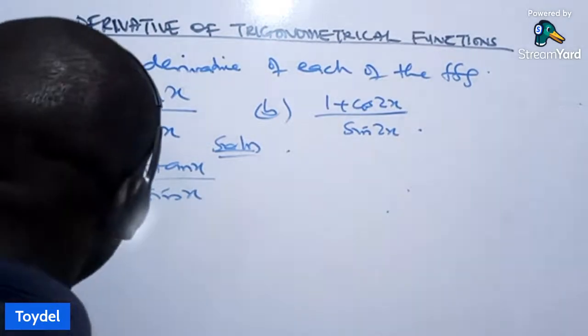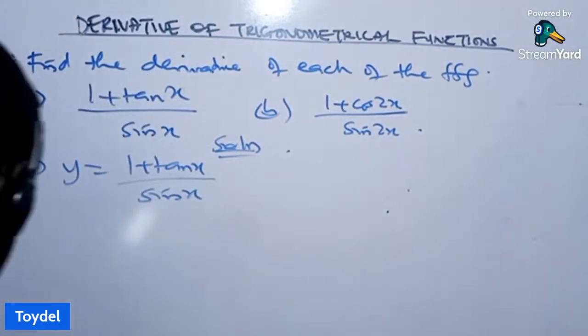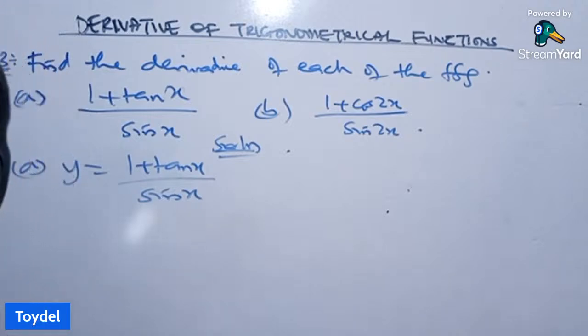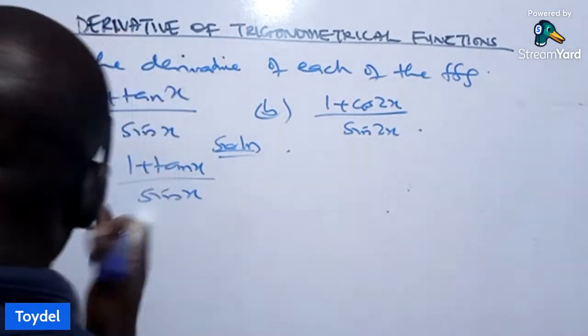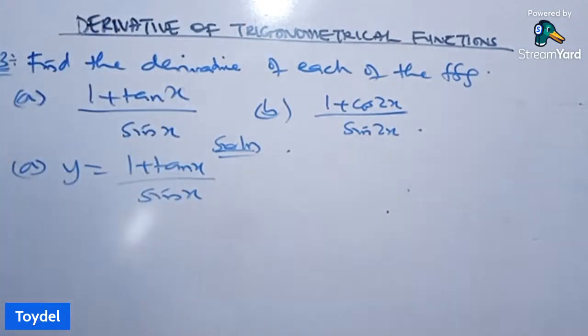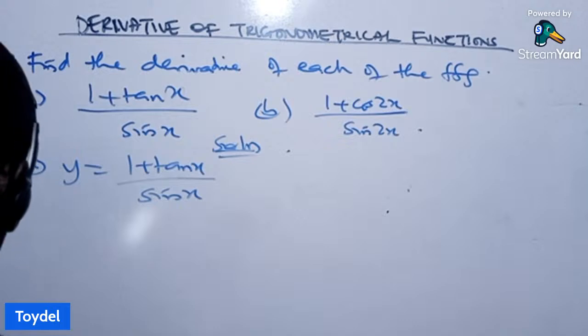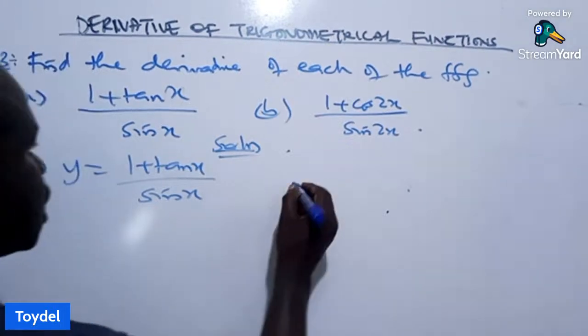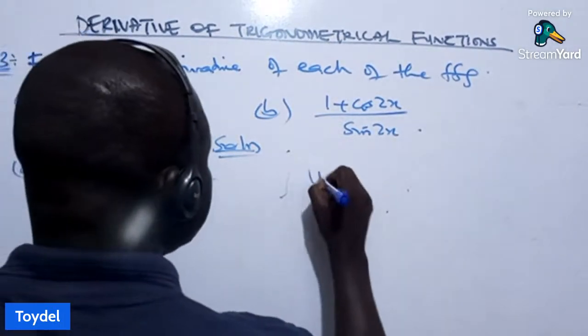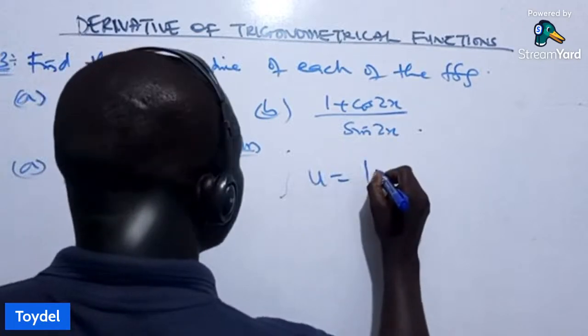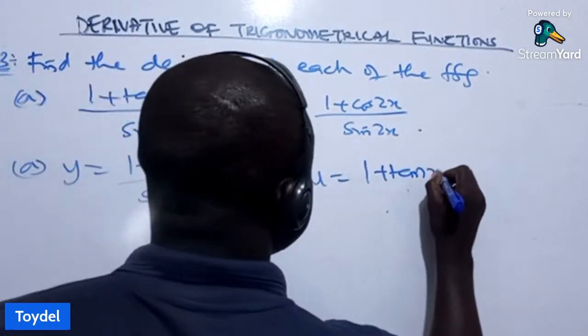Of course, the quotient rule will guide us on what to do. Under the quotient rule, I am going to denote the numerator as u and the denominator as v. That is what is expected here. So I will let u represent the numerator 1 plus tan x.